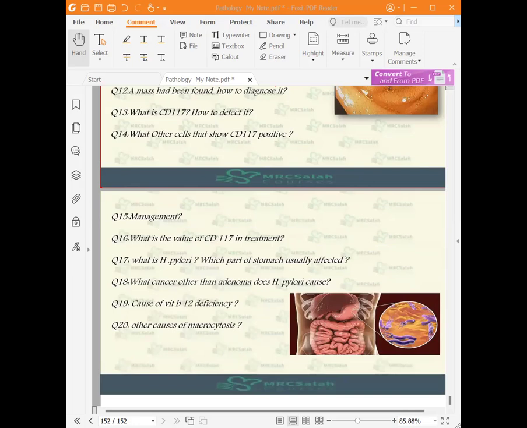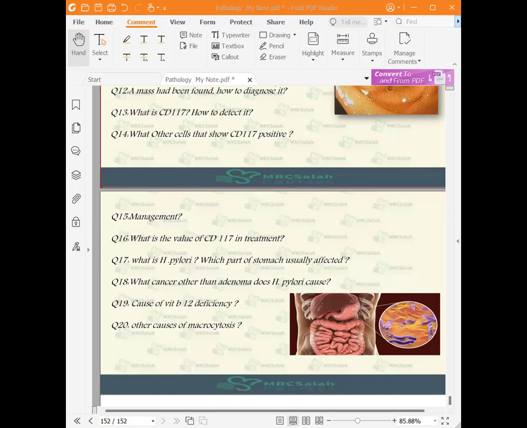If he is asymptomatic and the tumor is less than 2 centimeters, we go for conservative treatment with regular endoscopy for surveillance. If the patient is symptomatic, we go for surgery, and we can add treatment with tyrosine kinase inhibitors like imatinib.